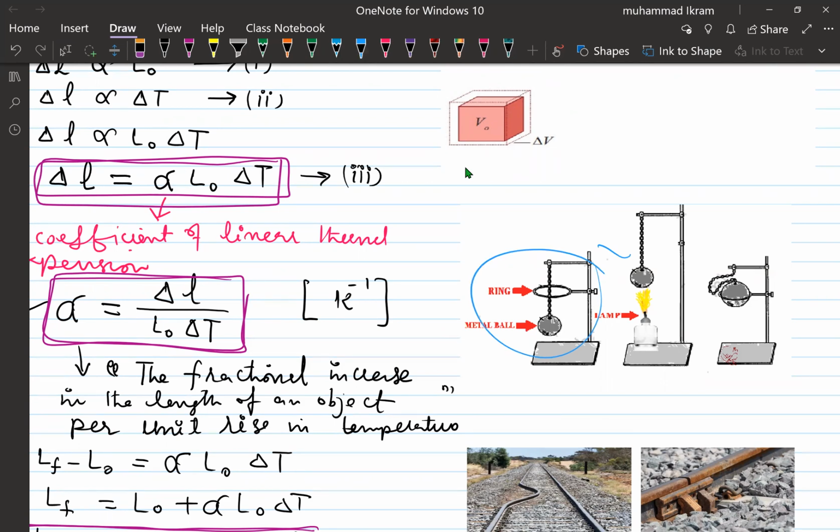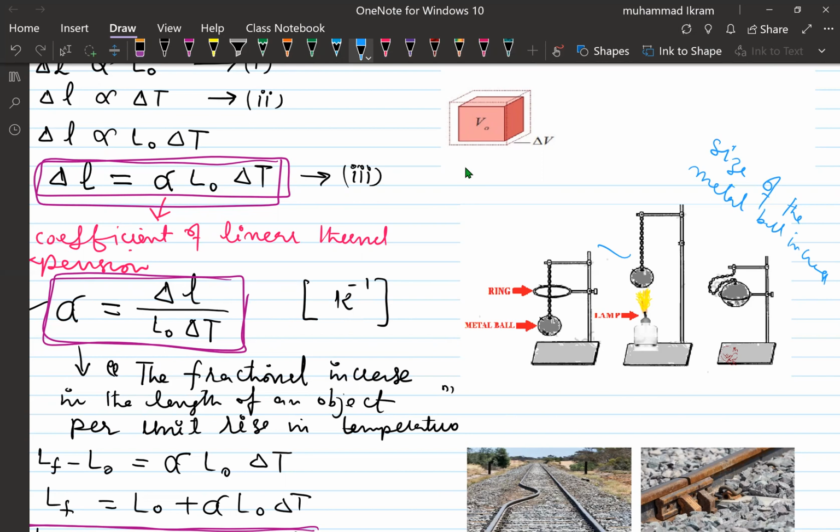When you insert the heated sphere in the ring again, it is difficult for it to pass through. The result indicates that when you increase the temperature of an object, its size increases. The metal ball now cannot pass through the ring until it is cooled again.